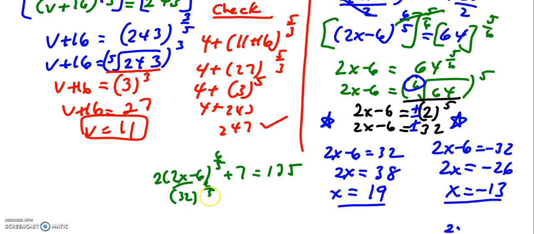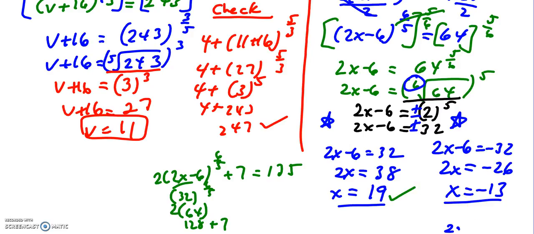The number times itself 5 times that gives me 32 is 2. And 2 to the 6th is 64. So then if I double 64, like it tells me to do, I would get 128. And then 128 plus 7 is 135. So this one checks out.